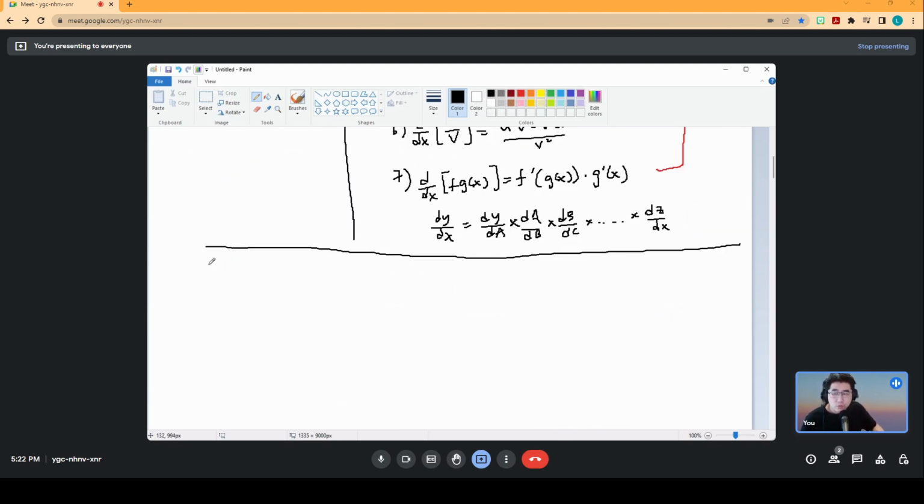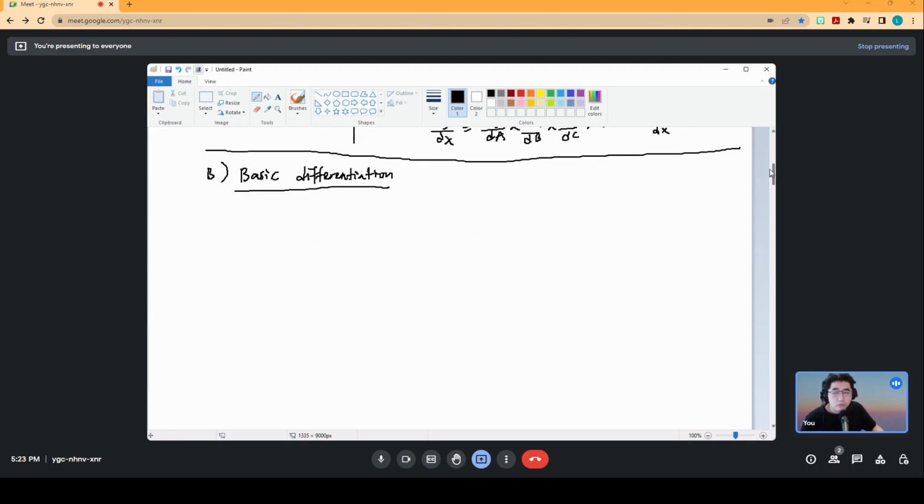Then comes basic differentiation. Number 8, d dx of x power n, bring down the power, minus 1.